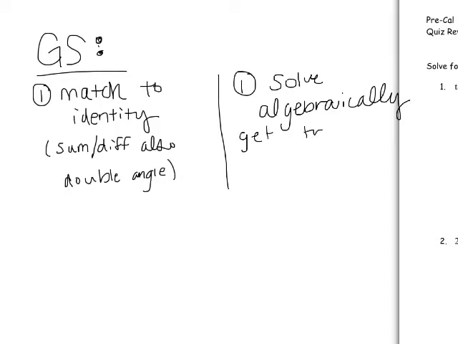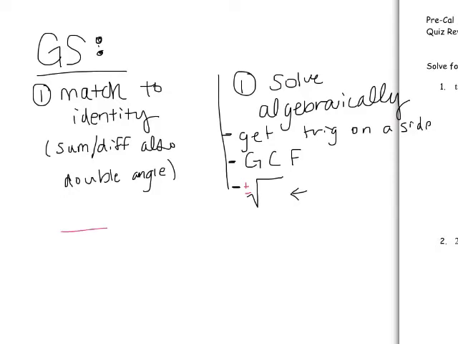Get trig on one side, or you might have to GCF, greatest common factor, or you might have to take the square root. And remember, this is the one where you take the square root, you create the plus or minus answer. So that's a good one to remember. But anyways, that's going to be your first step for general solutions. So you're either going to match it, and if it doesn't match, then you're going to solve algebraically.